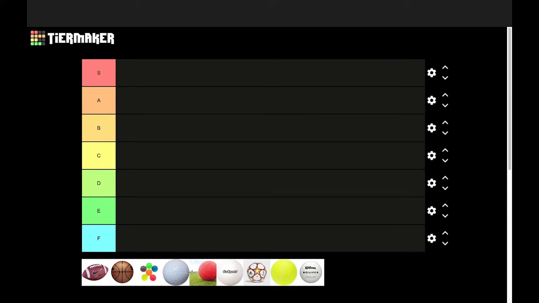So I believe, from a momentum standpoint, it should be F tier, because though it's increasing mass a lot, it's limiting potential velocity. And due to that, the total momentum of the ball will be severely decreased when compared to some of the more medium balls with medium mass, which don't limit the velocity as much.